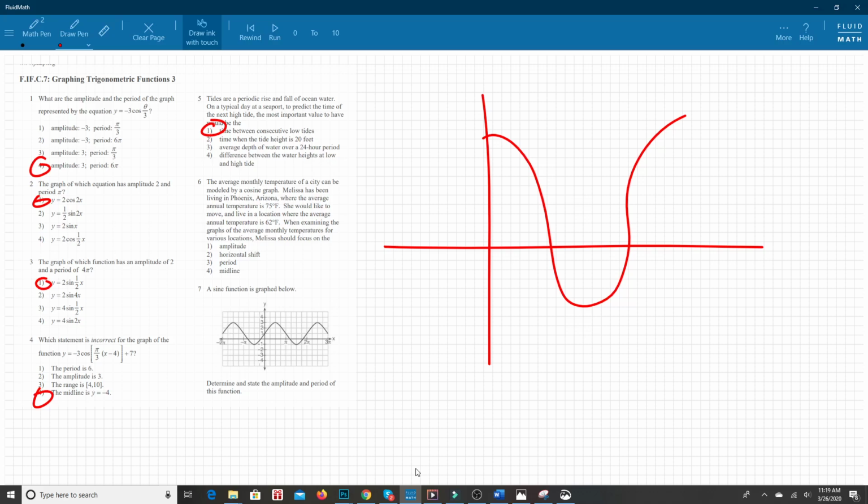She's looking for the midline. Not really the horizontal shift, not the period. The amplitudes just emphasize the highs and the lows. What she wants to focus on is the midline.